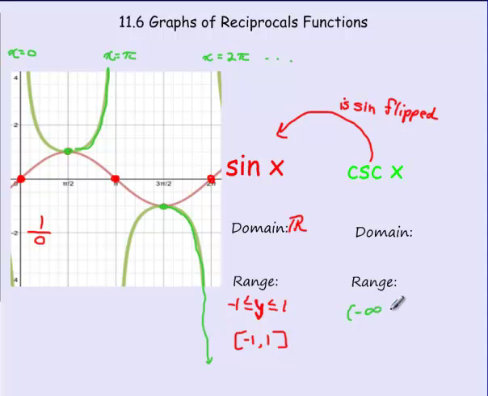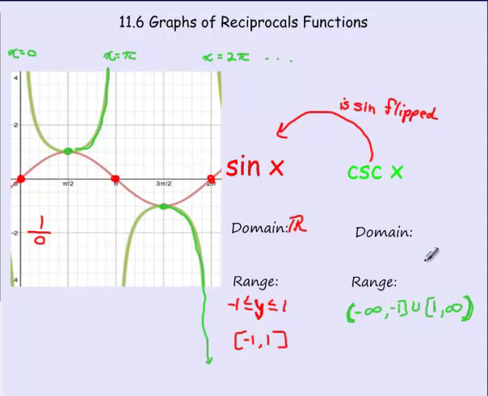Negative infinity to -1 union 1 to infinity. Now notice when I did infinity, I used rounded brackets because there is no definite infinity. And then I squared off -1 and +1 because I actually hit -1 and +1.